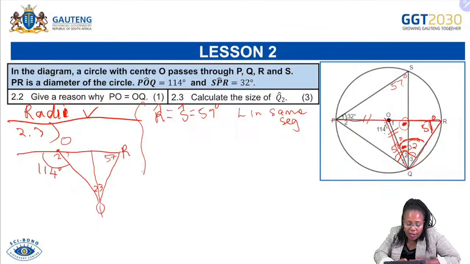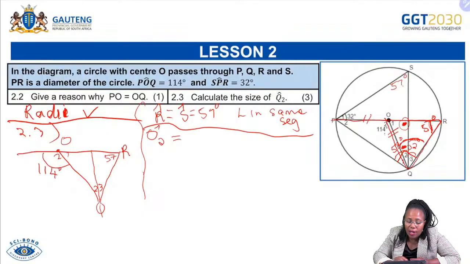Now if we are in that triangle, we want to take the exterior angle. We are going to say exterior angle O2 of triangle OQR is equal to the sum of the interior angles, R plus this one, which is composed of Q2 plus Q3. Reason: exterior angle of a triangle.